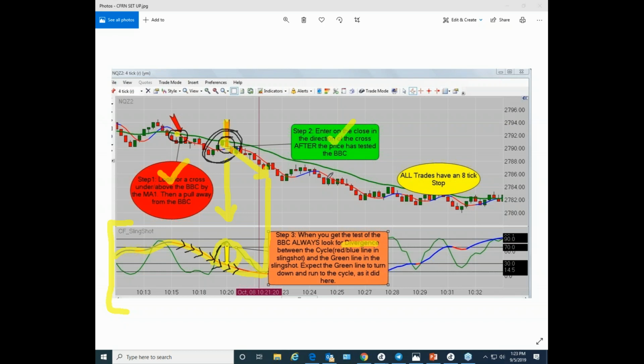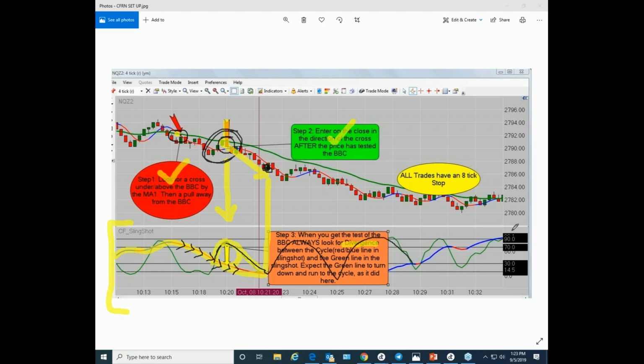Okay, and it's at this point, where the green line's getting into the cycle and price action stops here, this is where we get out of the trade. All right, so this is why the trade exists down in the slingshot, because what happens next, green line should do the normal thing, pull away.